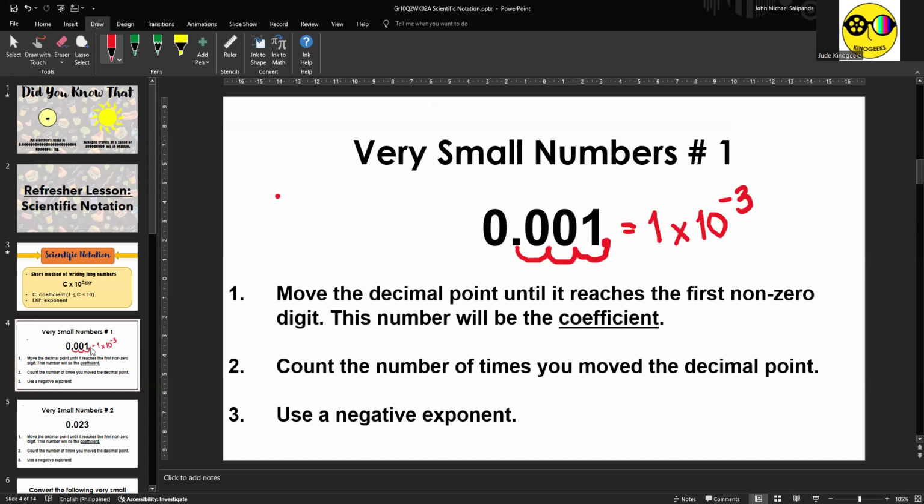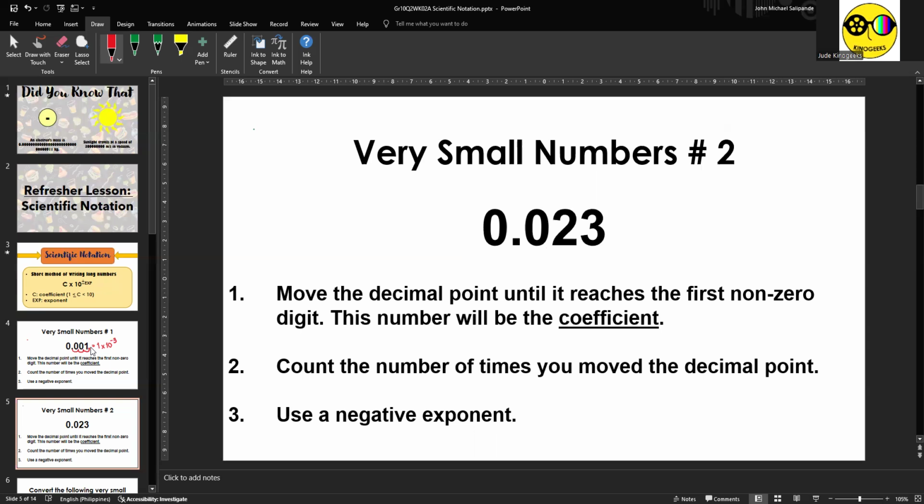All right? Second example, it's 0.023. The first step is we have to locate the first non-zero digit and place a decimal point after it. So you move the decimal point between 2 and 3 by moving it to the right twice.